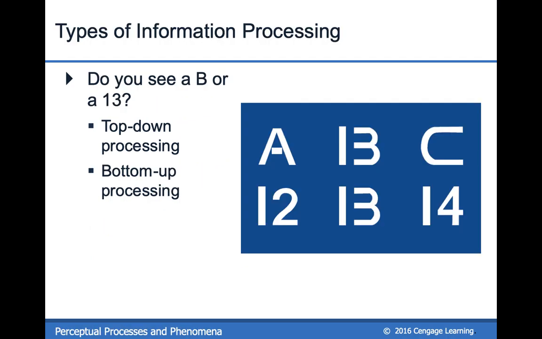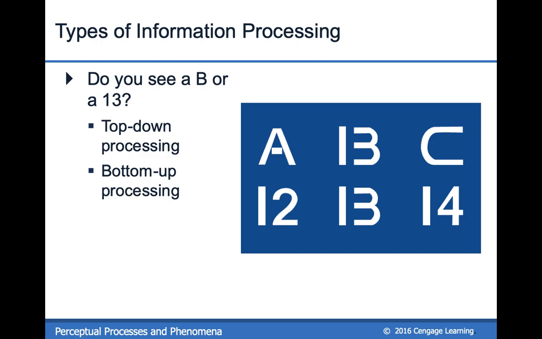So if you look at the middle shape in this picture here, this blue box, if you're seeing a B or you're seeing a 13, it probably depends on which row those shapes are in. So if you look at just the top row, you're going to see the letters A, B, and C. If you look at the bottom, you're going to see 12, 13, and 14.